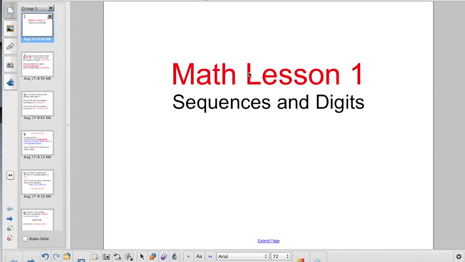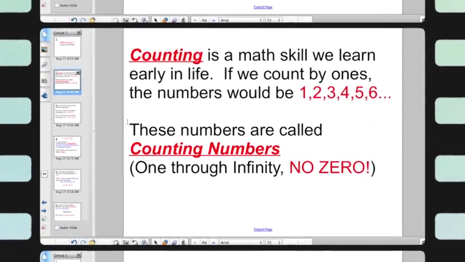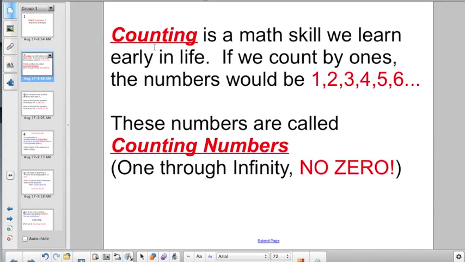This is Math Lesson 1, Sequences and Digits, and we're going to be talking more about what both of those words mean. So, a little bit of review. Counting is a math skill we learn early on in life. If we want to count by ones, the numbers would be 1, 2, 3, 4, 5, 6, and so on, right?